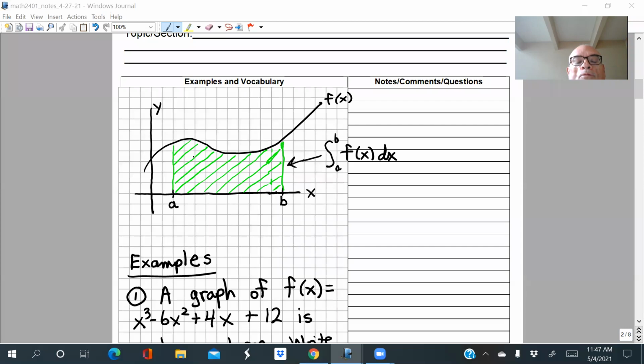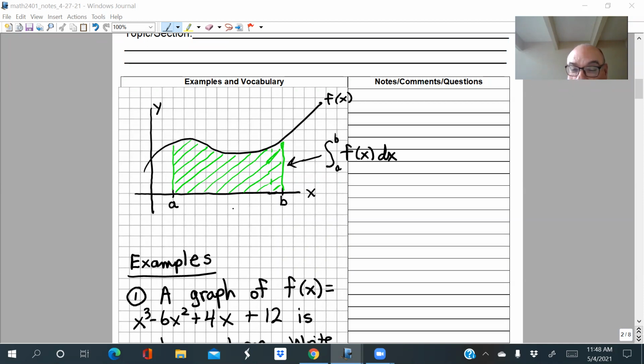And so what we're going to do is think about this region between this curve and the x-axis. Now, since this curve happens to be above the x-axis, notice that this region then is the region below the curve down to the x-axis.